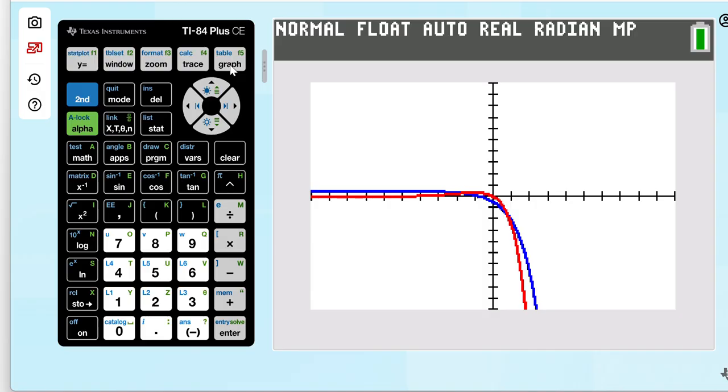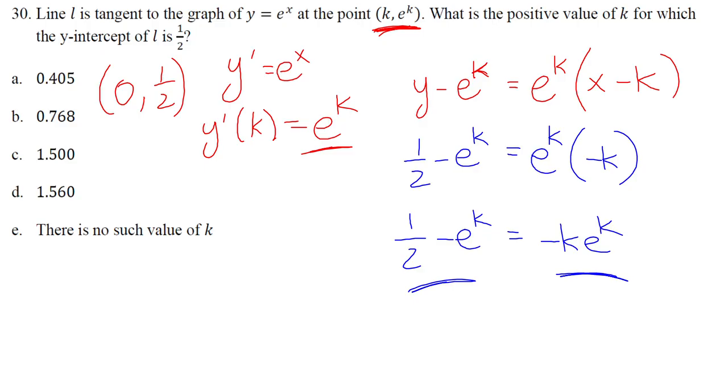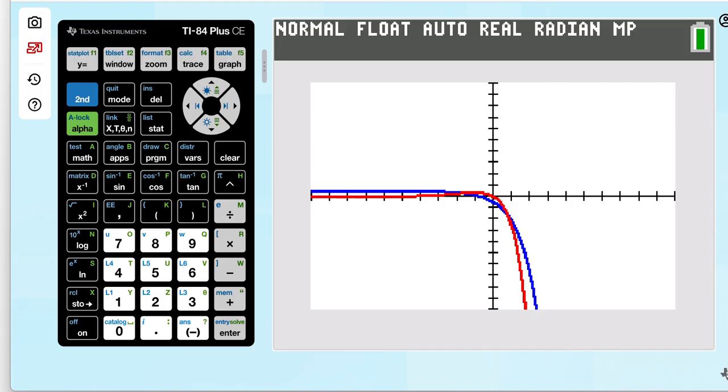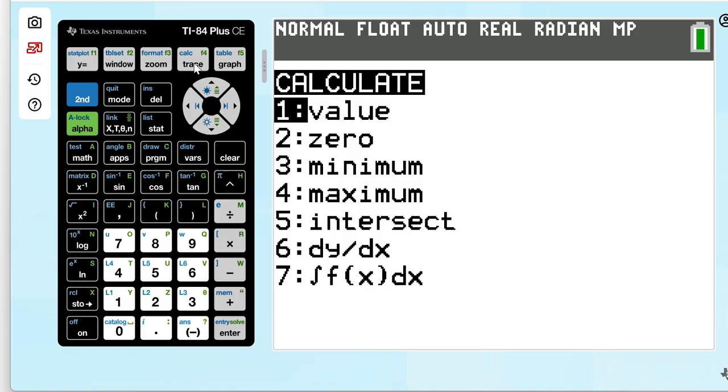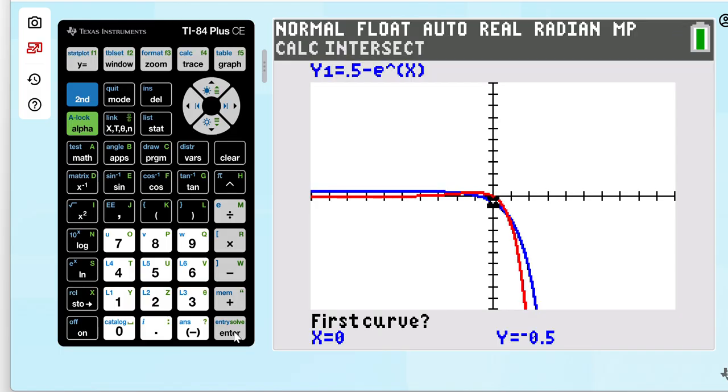So if we read the question, it says, what is the positive value of k? So we want to make sure that we get the positive value of k. So we'll hit second, we'll hit trace. We want the intersection point of the two functions, so we'll choose intersect. We'll hit enter. We'll go till we're kind of close to that intersection point, but maybe to the left of it a bit. Hit enter.